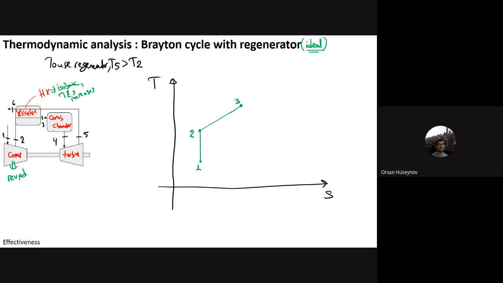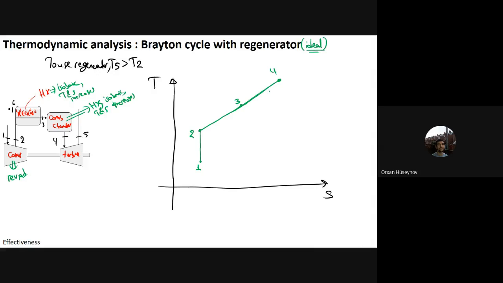Then from 3 to 4 is the combustion chamber, and here again it is a heat exchanger and isobaric, and T and S increase. Then 3 to 4 you will have this curve here.